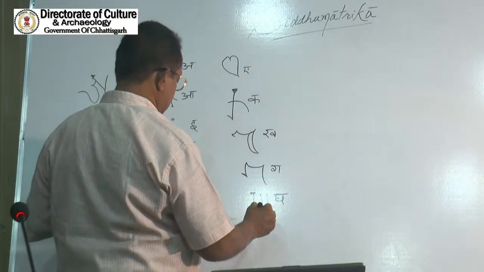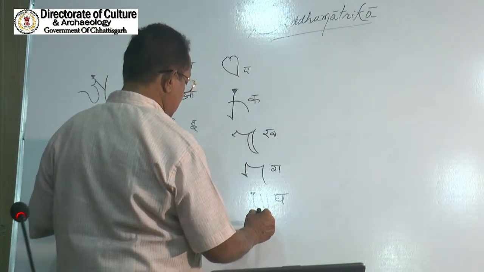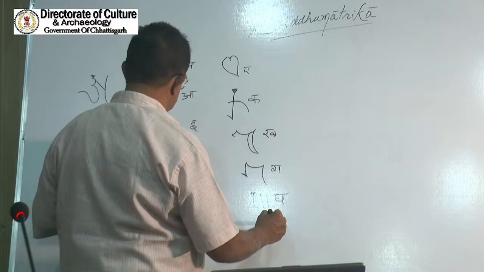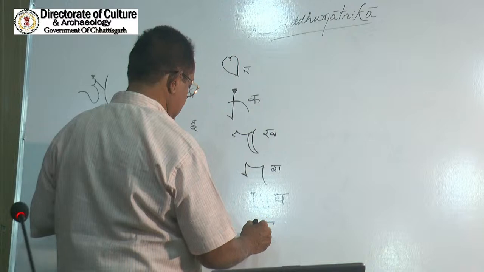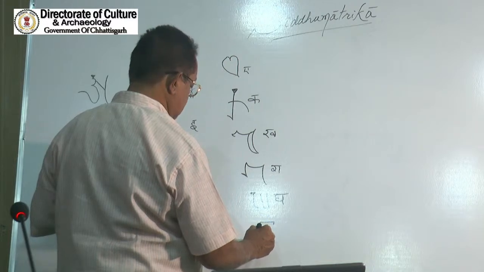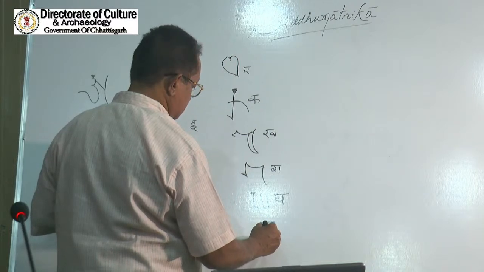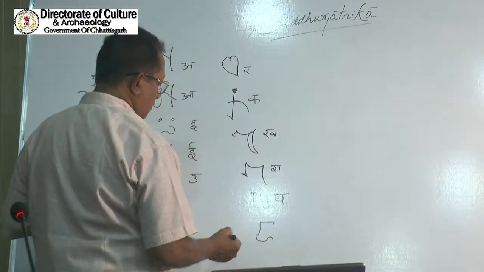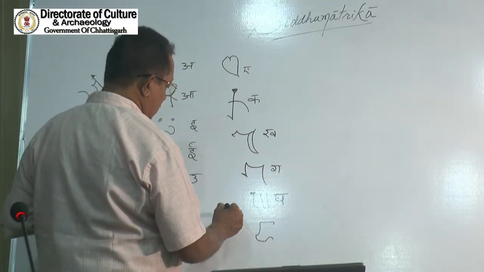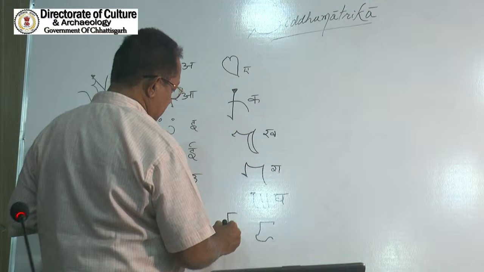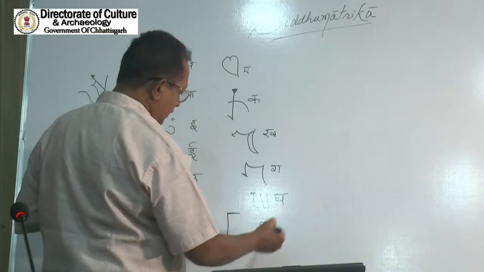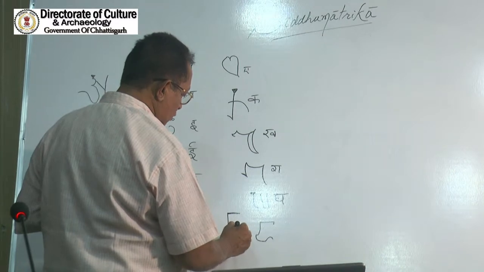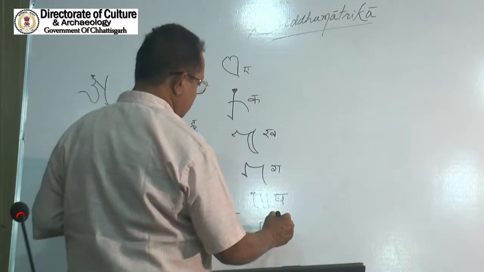Na is written like this. While in the Mauryan form it was just simple, like this, it continued, but they tried to add all the things, make it more beautiful.